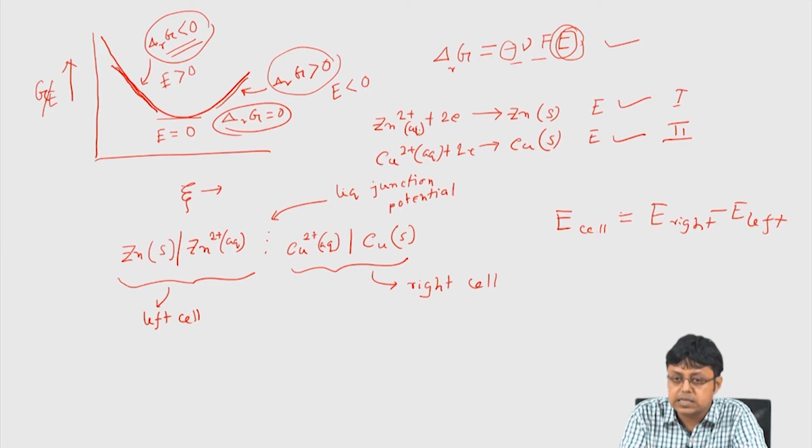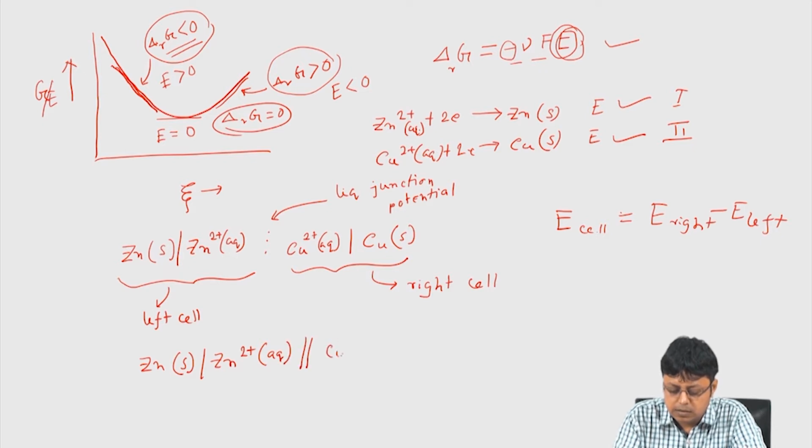If they are connected by a salt bridge where the liquid junction potential is removed, then we write it with 2 vertical bars, and we denote the entire cell this way.